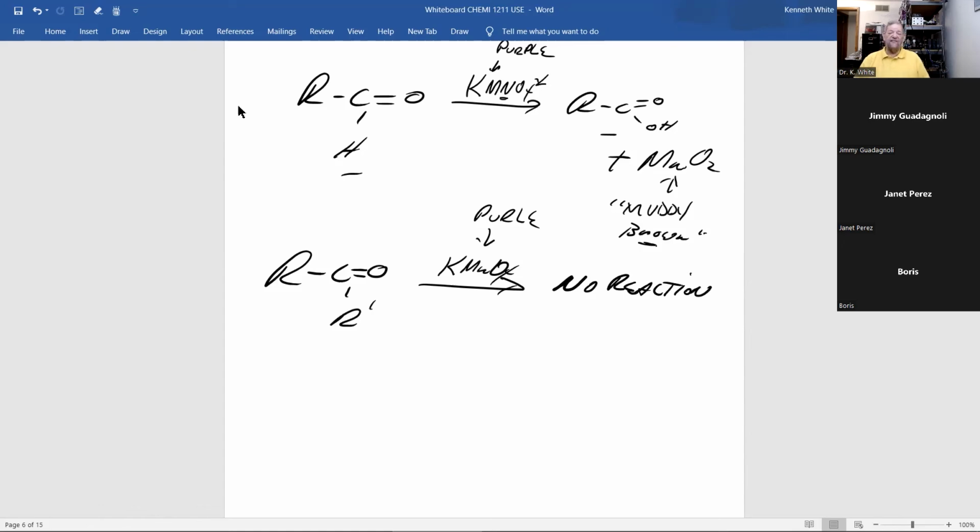If you wanted to find out whether the molecule has a ketone or an aldehyde, you mix it with some potassium permanganate solution. If you see a muddy brown color in the test tube, it's an aldehyde. If you see purple, no reaction, that tells you you had a ketone.